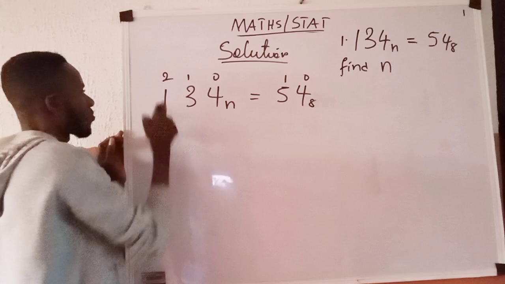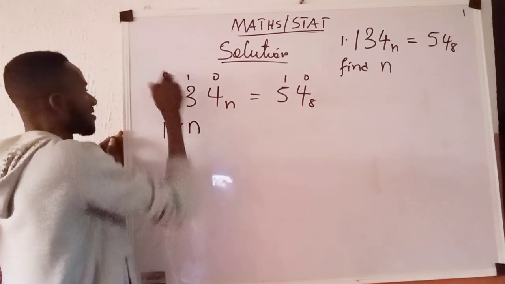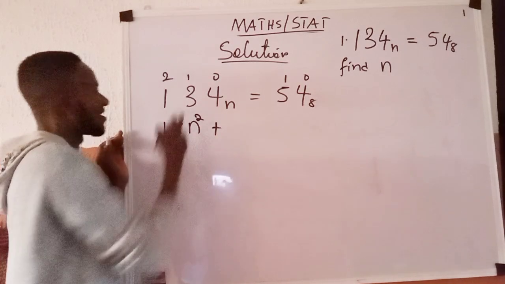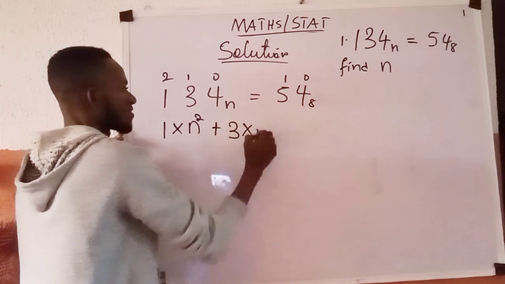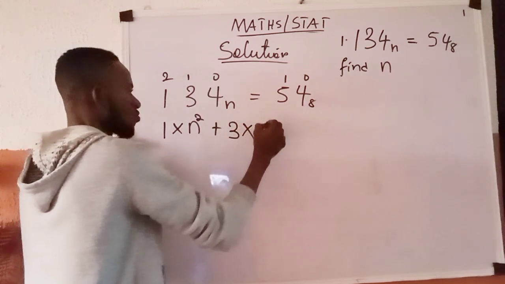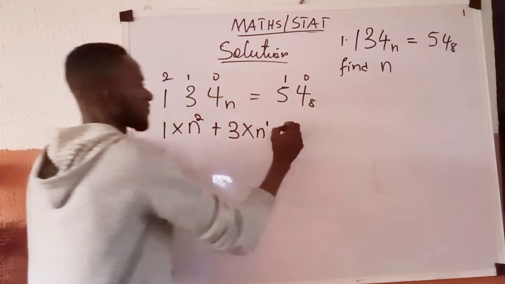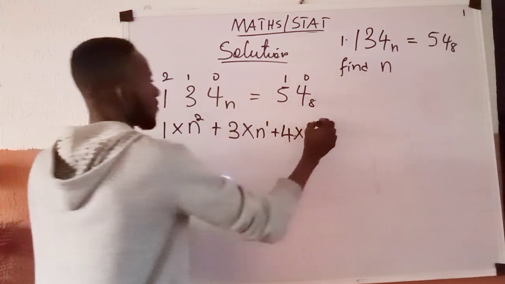It becomes 1, the first digit, multiplied by n, the base, raised to the power of the position 2. You say plus, then you come over to your 3: 3 multiplied by n raised to the power of 1, plus the last one, 4 multiplied by n raised to the power of 0.